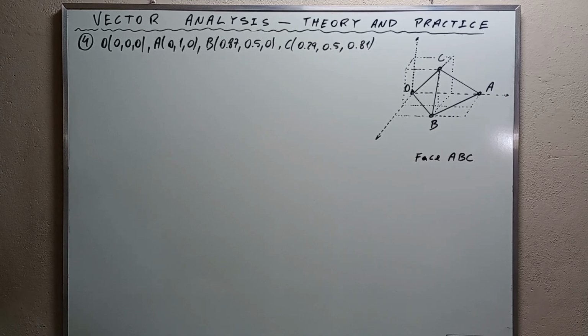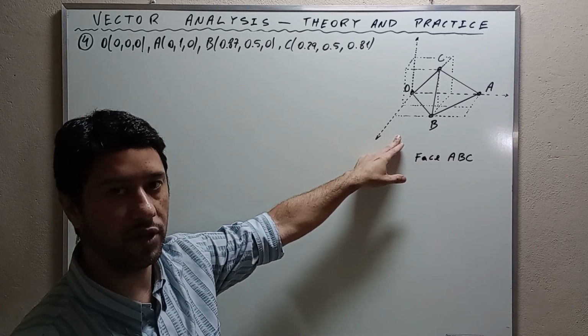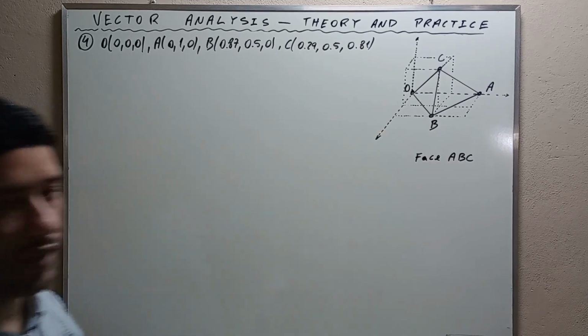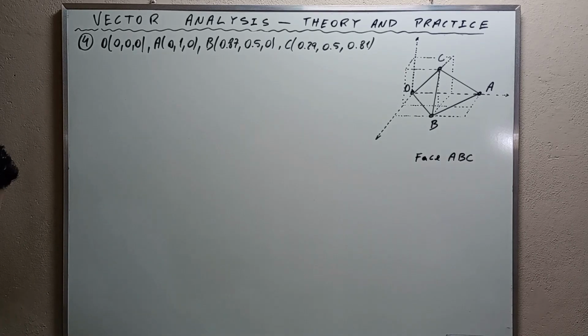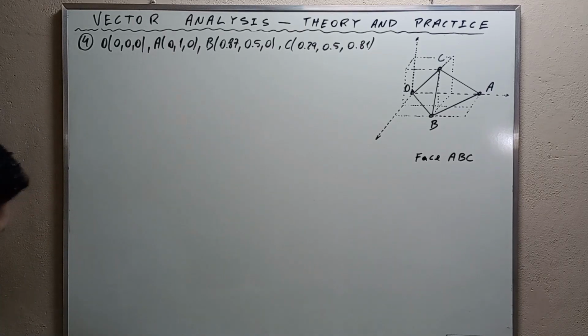And letter B, find the area of the face ABC. Okay, the exercise didn't provide the image. For better understanding, I decided to draw the regular tetrahedron in accordance with the coordinates of the vertices. Okay, so let's go. Let's solve it.